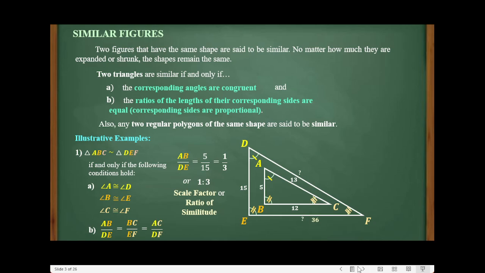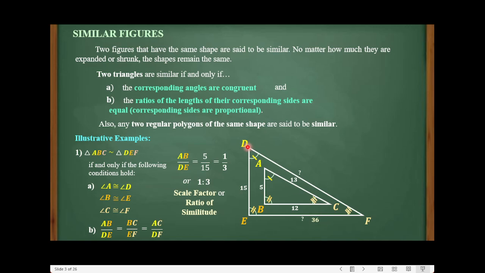And that is, okay, so if we compare the two, it means 15 is 3 times longer than 5. Now, based on the scale factor, it follows that the length of segment EF must be 3 times longer than 12, which is the length of BC. So, 12 multiplied by 3 is 36.